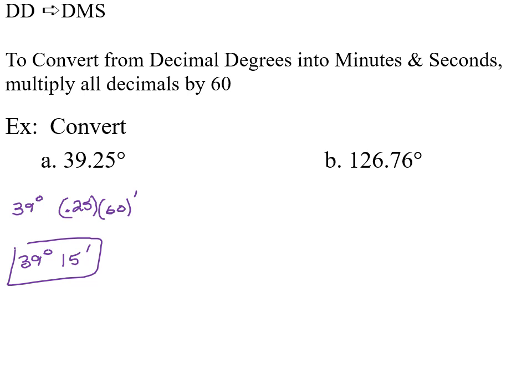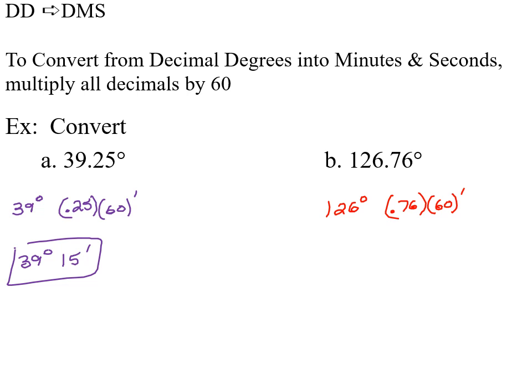126.76 doesn't come out quite as nice, so the 126 doesn't change, and I'll take the 0.76 and multiply it times 60. So if you take 0.76 and multiply it by 60, you get 45.6.